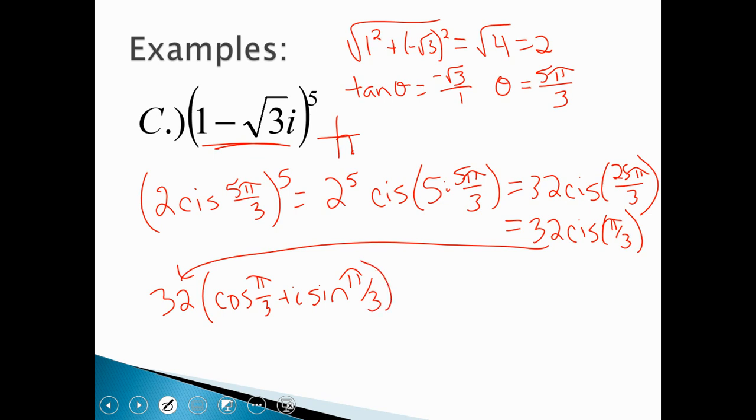Pi over 3 cosine is a half, and sine is square root 3 over 2. 32 times a half is 16. And then this would be 16 square root 3 i.